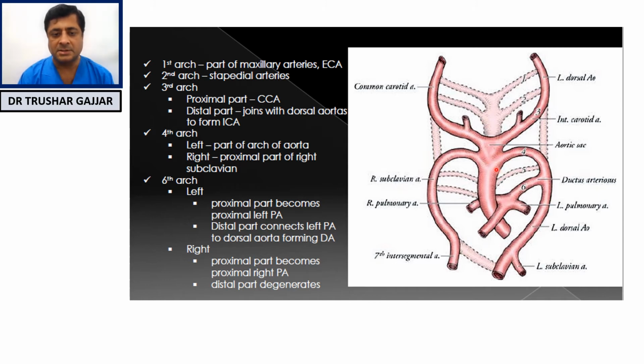The fourth arch on the left side will form the aortic arch, and on the right side it will form the proximal part of the right subclavian artery. The sixth arch on the left side will form the proximal part of the left pulmonary artery, and the distal portion will form the PDA. On the right side, it will form the proximal part of the right pulmonary artery, and the distal part will degenerate.